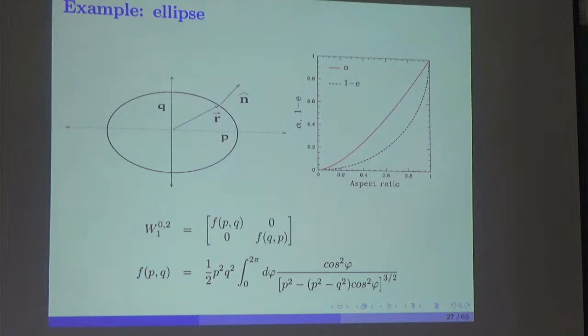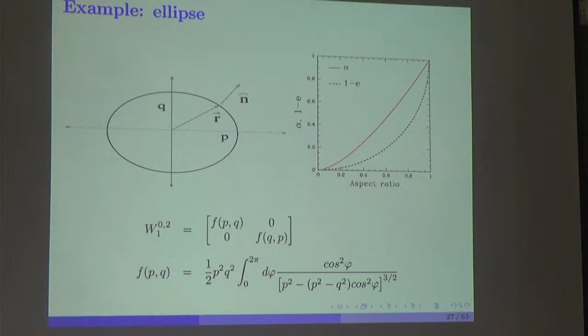And just to give a concrete example, let us look at the ellipse. Okay? So this is where I ended yesterday. Suppose we are given an ellipse whose major and minor axes are Q and P, and we choose P to be the larger one. Then we can define ellipticity E for the ellipse.